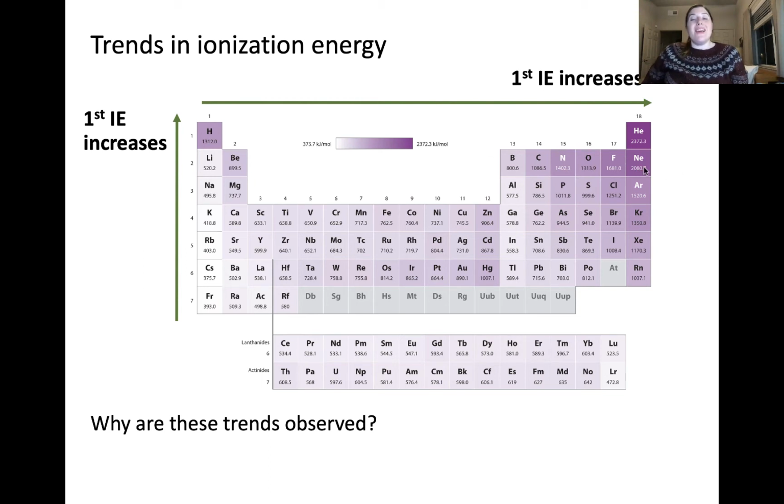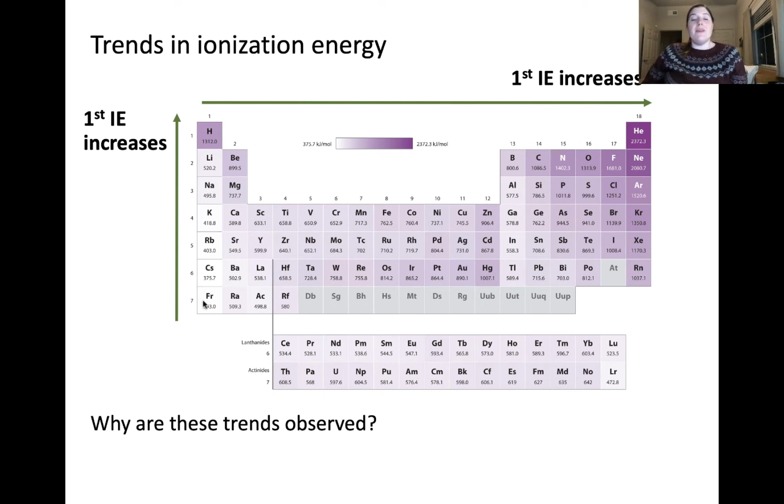And again, that's because they are the smallest in size, which means the electron cloud is held more tightly to the nucleus. And this means it takes more energy to remove electrons from those atoms.